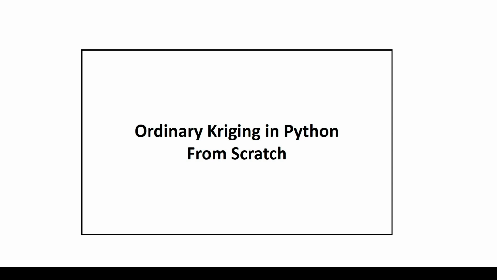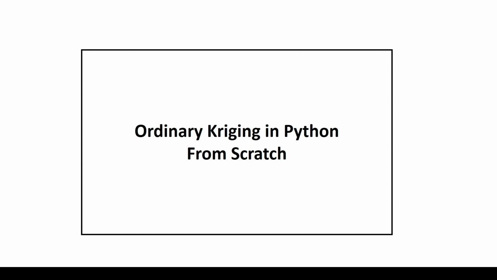So before we dive into programming, I wanted to go through a few slides in which I'll try to explain what is going to happen and how ordinary Kriging is going to estimate these unknown points based on some known points. And of course there will be some assumptions. I think that you're familiar with the basics of geostatistics, and you know that we cannot jump into Kriging without doing a variogram model and without defining the type of the model, whether it is a spherical one or exponential or whatever.